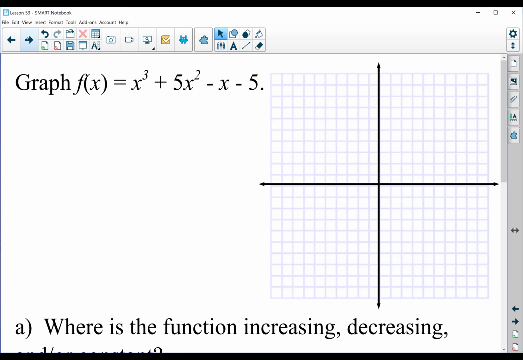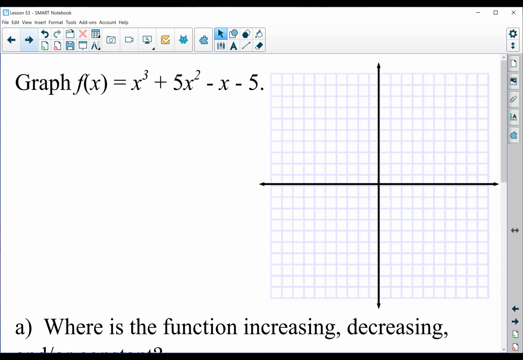All right, so this is what it's going to look like. Graph the function x cubed plus 5x squared minus x minus 5. And our author talks about this as using the shotgun approach.